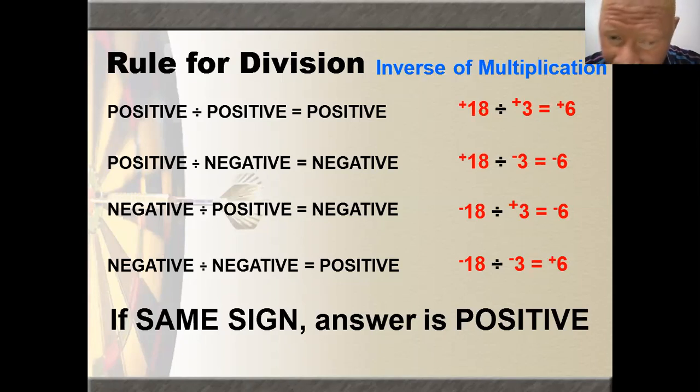So you have 1 minute more. This is rule for division. We have already written the ones for multiplication. This is one for division. So please write it down. 15 seconds to go.